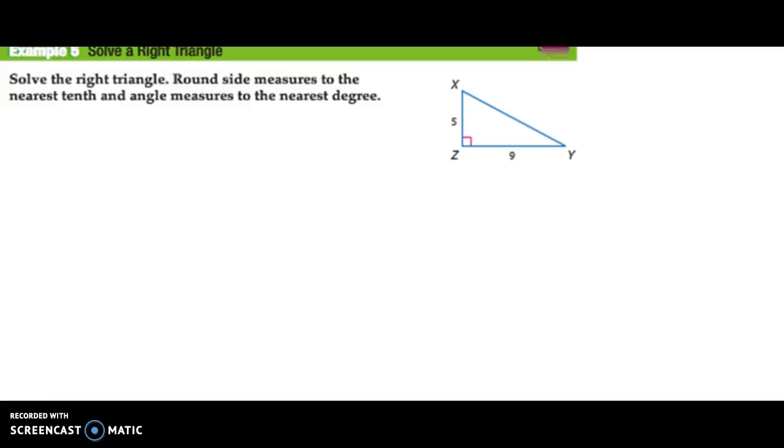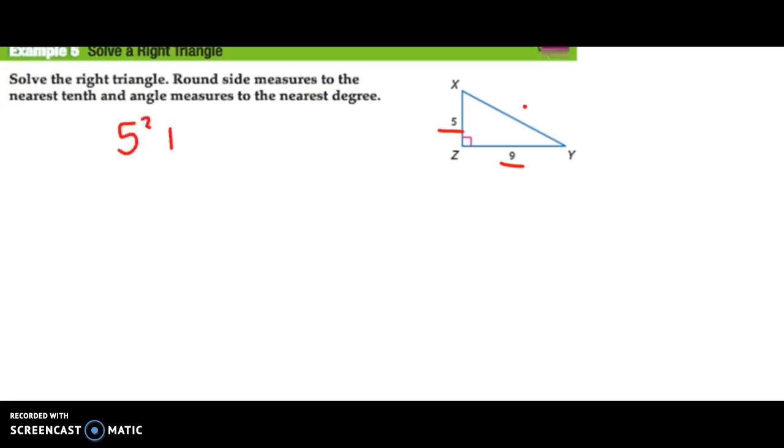Now, the last example. Why we learn all of this is so that we can solve a right triangle for all of its sides and all of its angles. So, right here, I know this side is 5, this side is 9. Well, the easiest way to probably find this side right here would be to use your Pythagorean theorem.